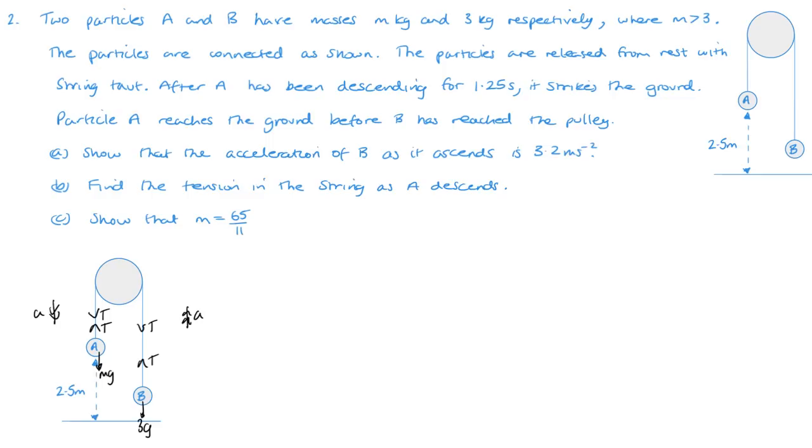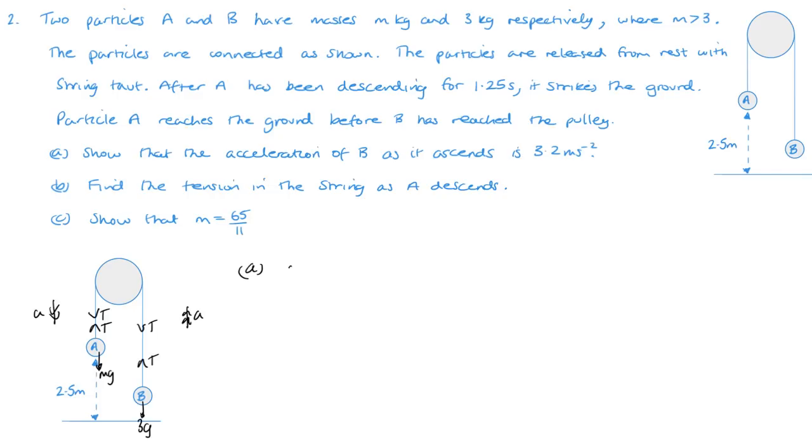The particles are released from rest, and after A has been descending for 1.25 seconds, it strikes the ground, before particle B reaches the pulley, standard thing there. So for part A, show that the acceleration of B is 3.2 meters per second squared.